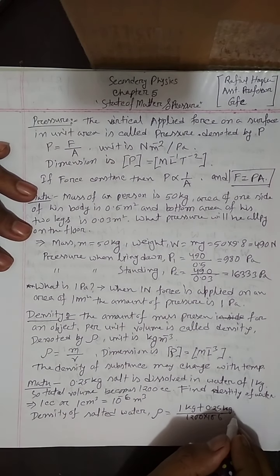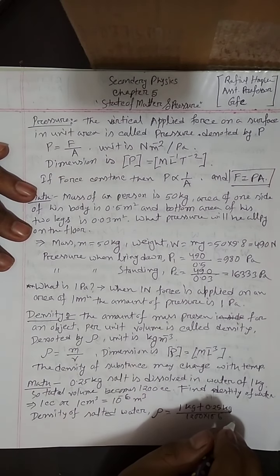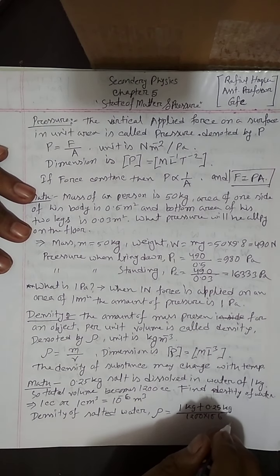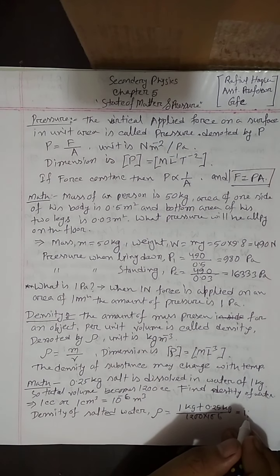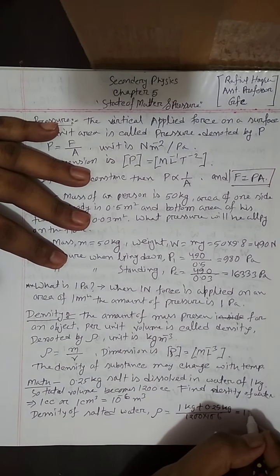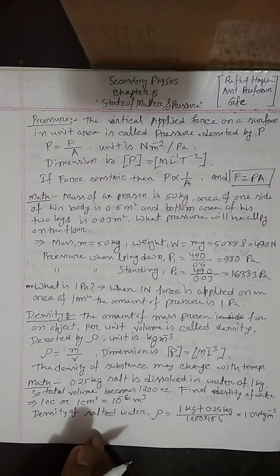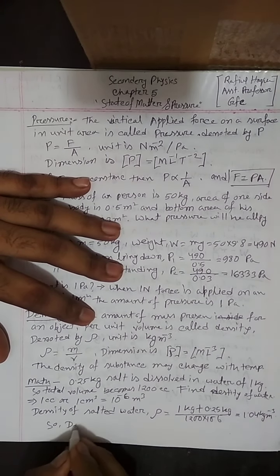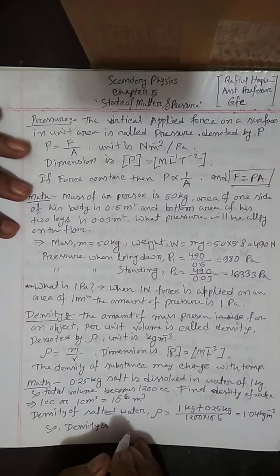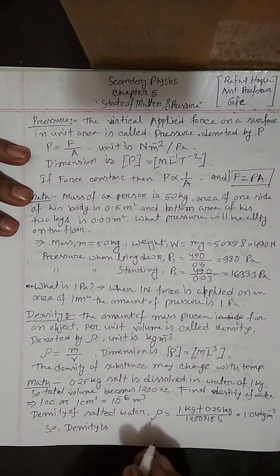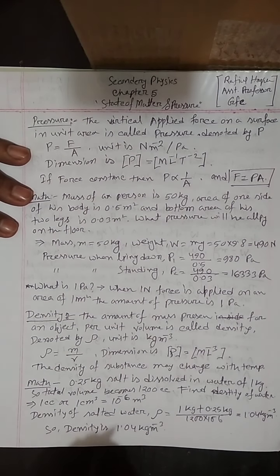So if we calculate it, we have 1.25 divided by 1200 times 10 to the power minus 6, and we get 1.04 kg per meter cube.